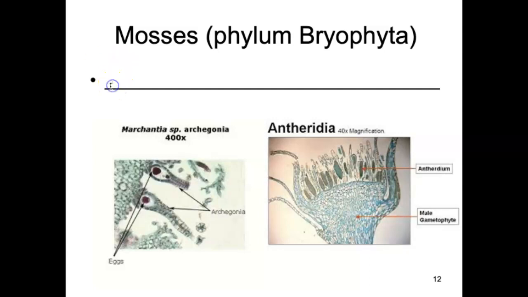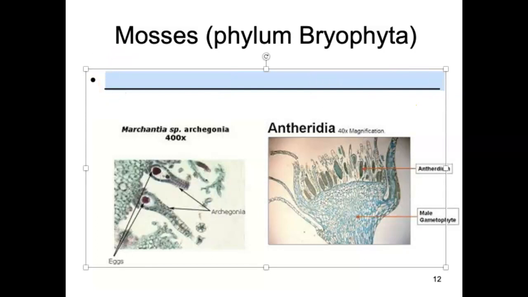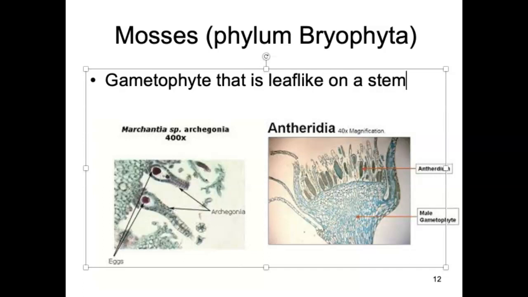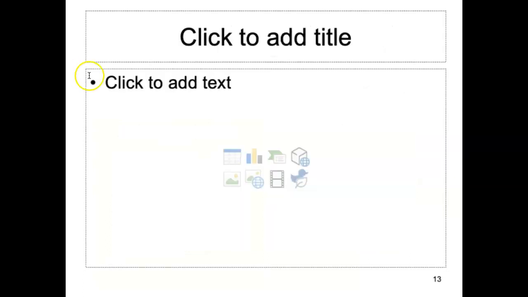Generally, when we look at most mosses, they're a gametophyte that is leaf-like on a stem. Some of the terms we used with the liverworts will apply here. But generally, when you see moss, you're looking at the gametophyte. All right, let me drop a new slide in here.